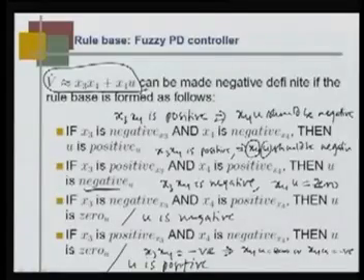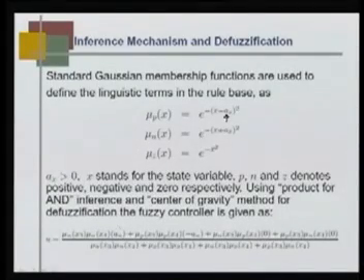That is the membership function for my control action, and this is a fuzzy singleton which I define as a u. The fuzzy singleton, my control action, is a u.